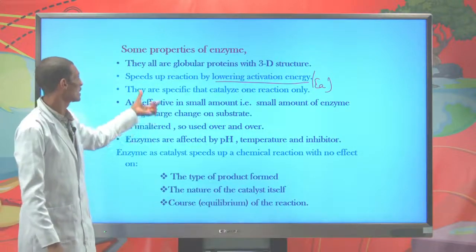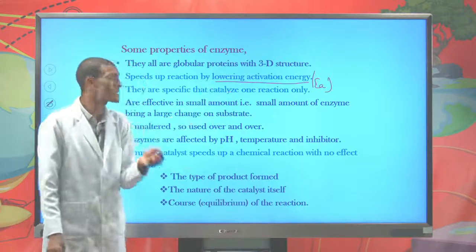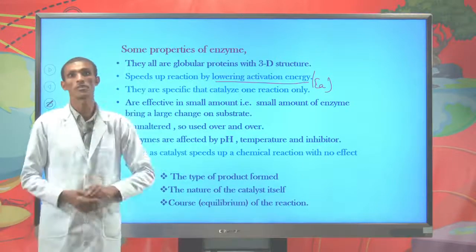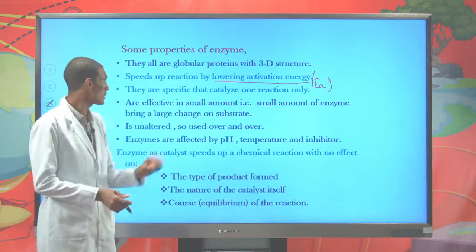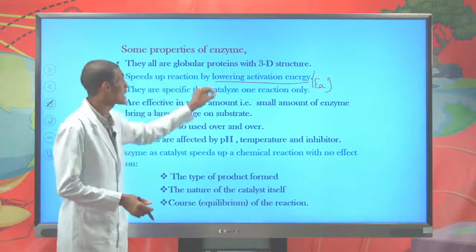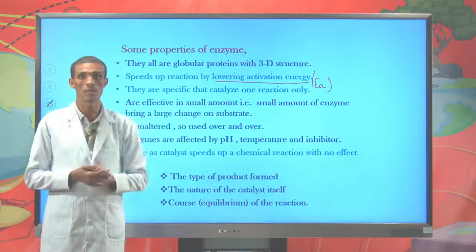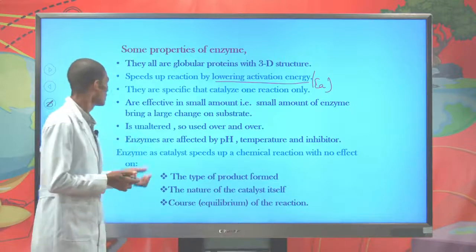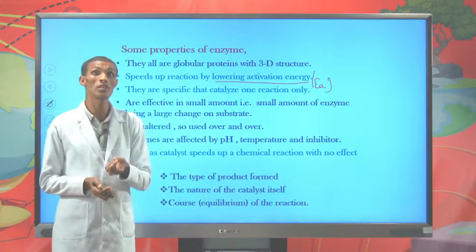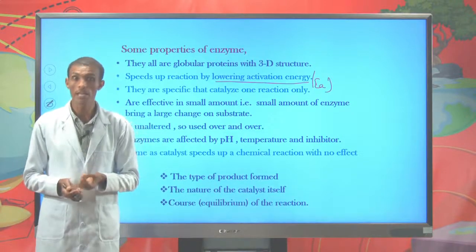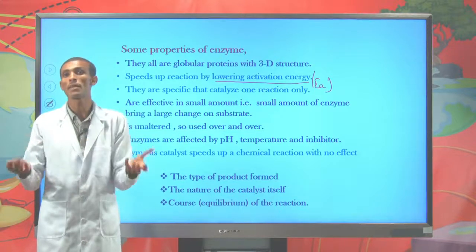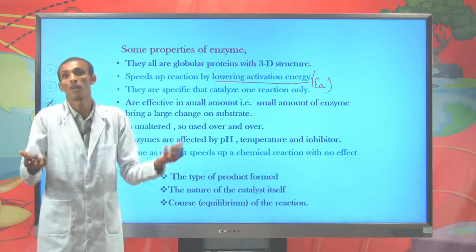And again, enzymes specifically catalyze only certain specific reactions, which means one specific enzyme reacts with one substrate only. Also, enzymes are very effective in small amounts, which means a small amount of enzyme can bring about a large change in a chemical reaction.